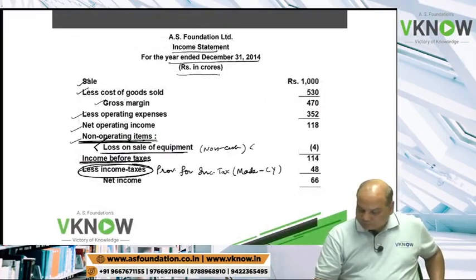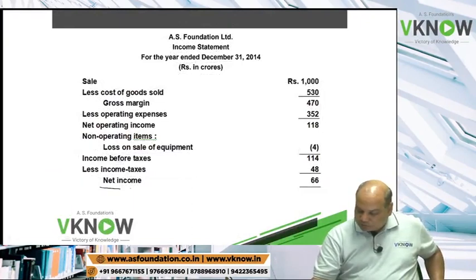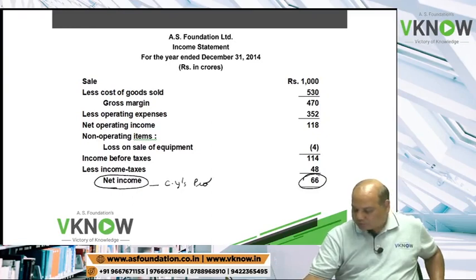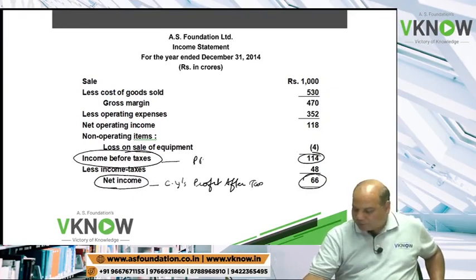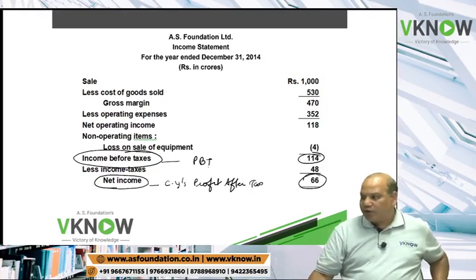Okay. And then this is net income. This is the current year's profit after tax. And this is the current year's profit before tax.